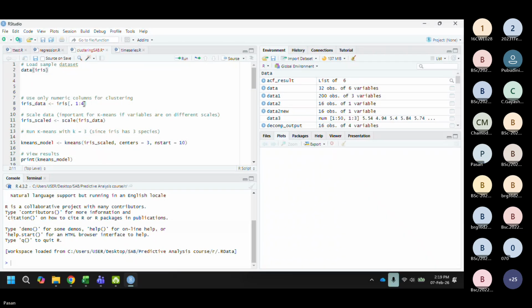In terms of these four variables, you can either go with scaling or not, it doesn't matter. Scaling means you subtract the mean and divide by the standard deviation.